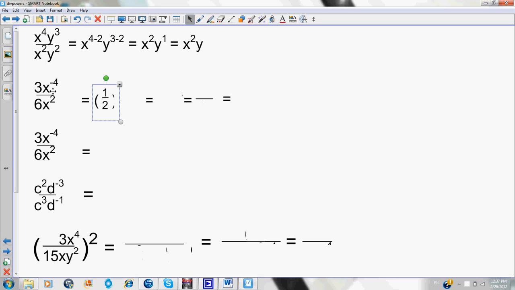Okay? And then we've got x to the negative 4 and x squared. So that means we're going to go negative 4 minus 2. Okay, so we've got x to the negative 4 minus 2. Then we simplify this and we'll get 1/2 times x to the negative 4 minus 2, which gives us negative 6.